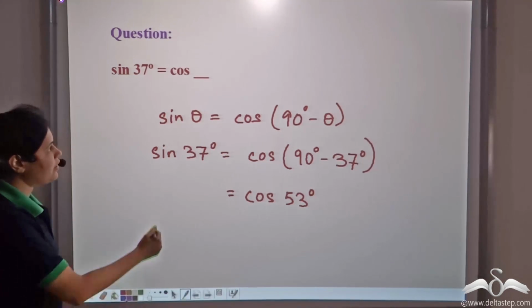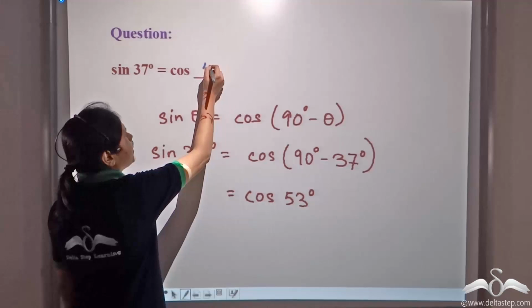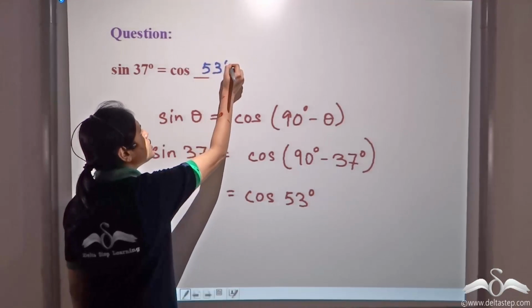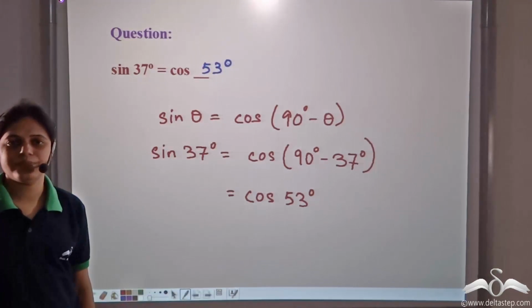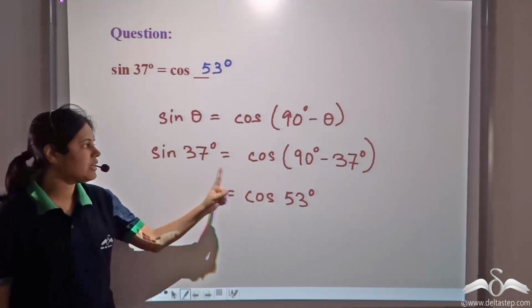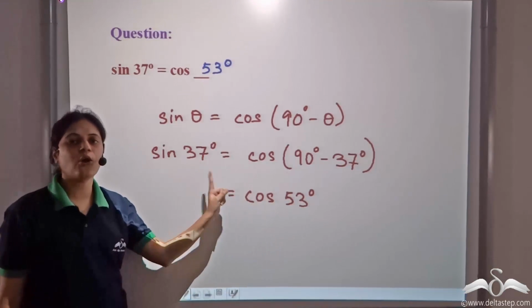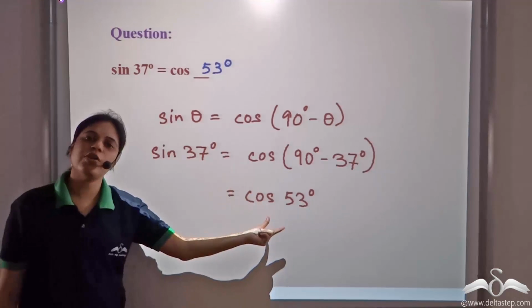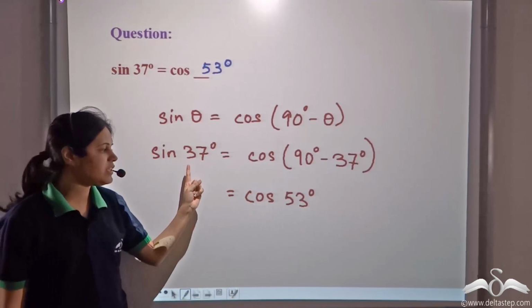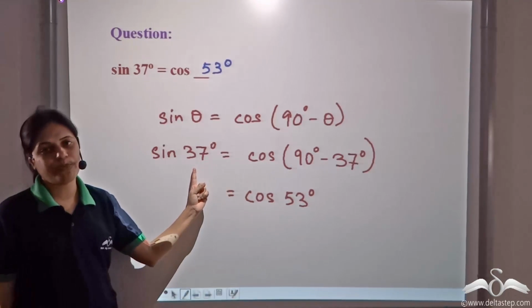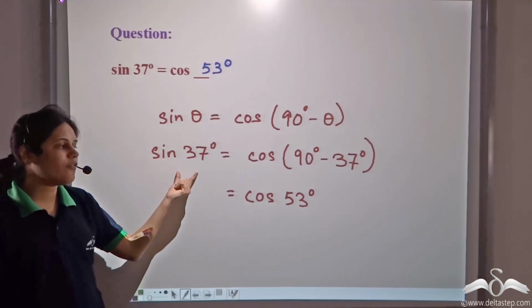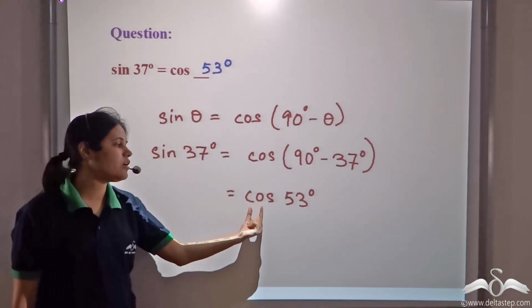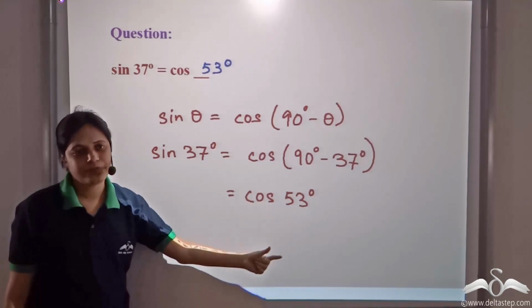So we have sine 37 degree is equal to cos 53 degree, since 53 and 37 are complementary angles. If you add 53 and 37, you get 90. So since 53 and 37 are complementary angles, sine of one is equal to the cosine of the other.